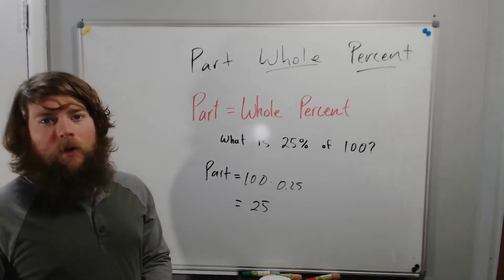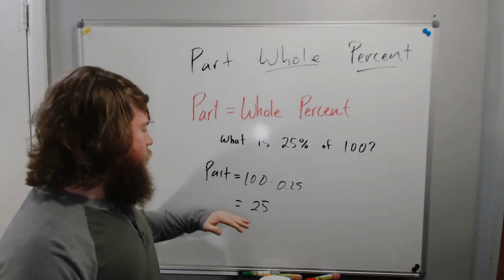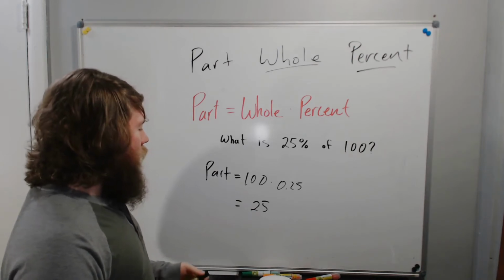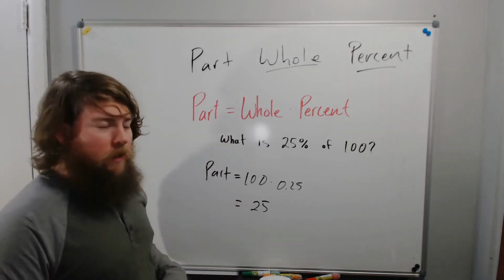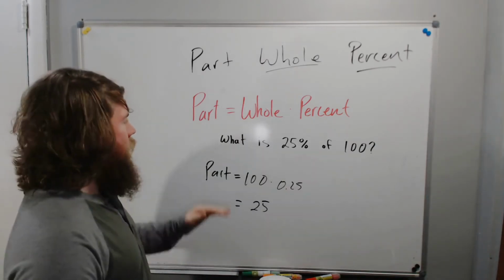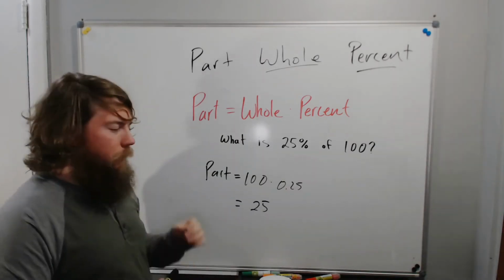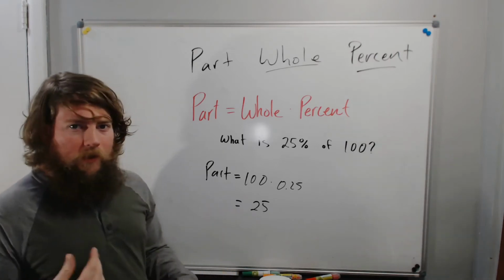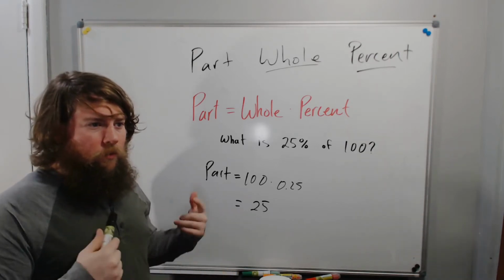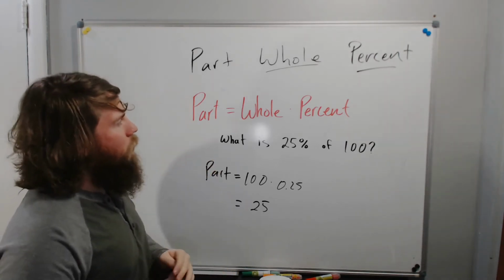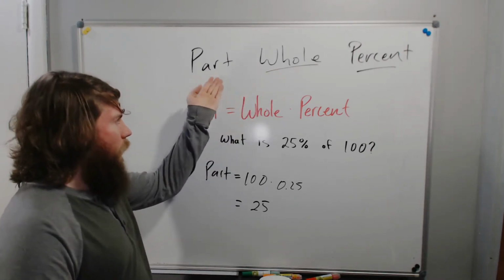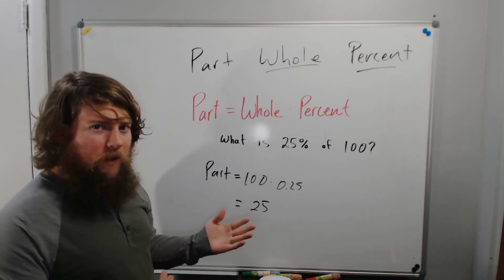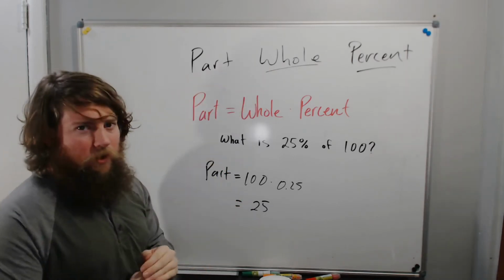And this is a more common example, where the part, which ended up being 25, was less than the whole. The whole was 100, and the part was less than that, 25. Well, that's not always the case. I know when you hear the terminology, part and whole, if you're looking for part of the whole, you expect that the part is going to be smaller than the whole.